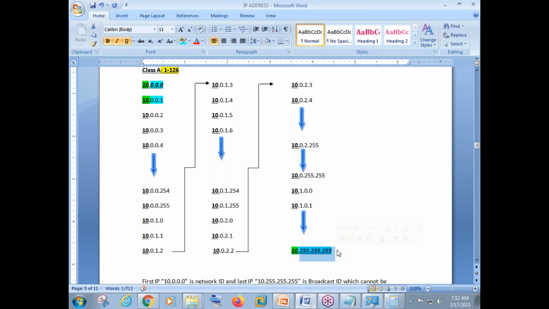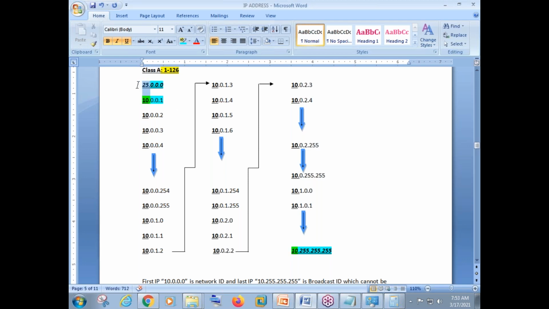Now instead of 10, let's say the number 25. We know 25 is also in the class A range. 1 to 126 is the range, so I'm using the number 25 here. How do we write it? 25.0.0.0, 25.0.0.1, 25.0.0.2. Like this, it will go up to 25.255.255.255.